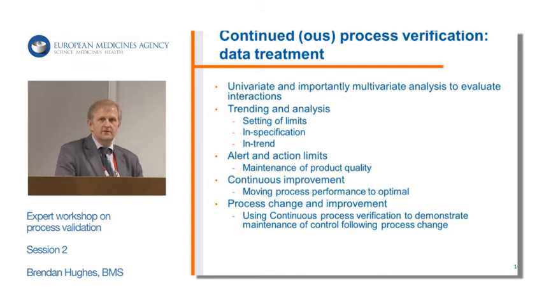It would be useful for us to have that within our quality system so we can see trends or changes, react to them, and perhaps correct process drift that might be deriving from raw material or other variability.